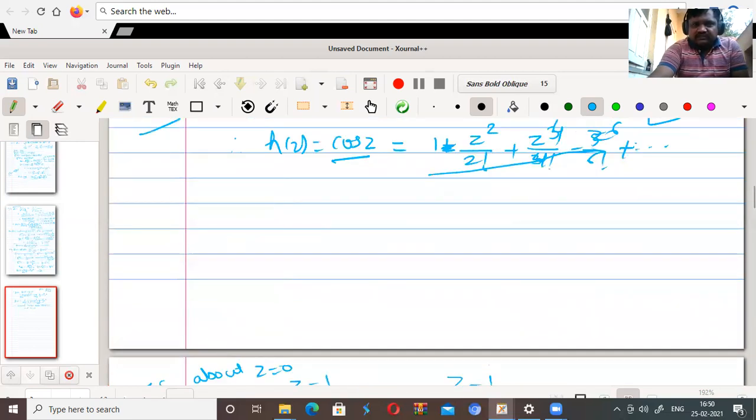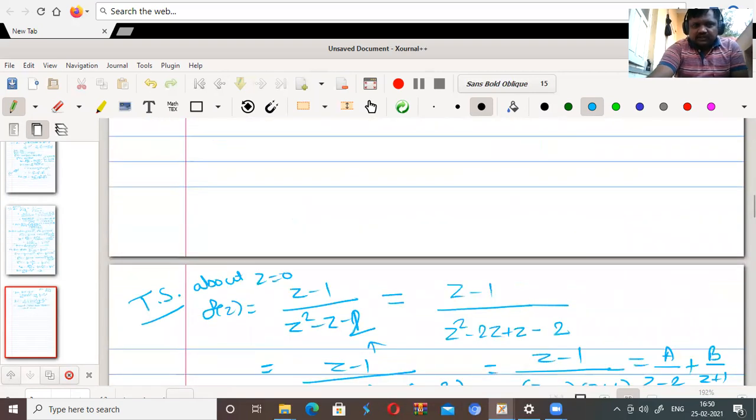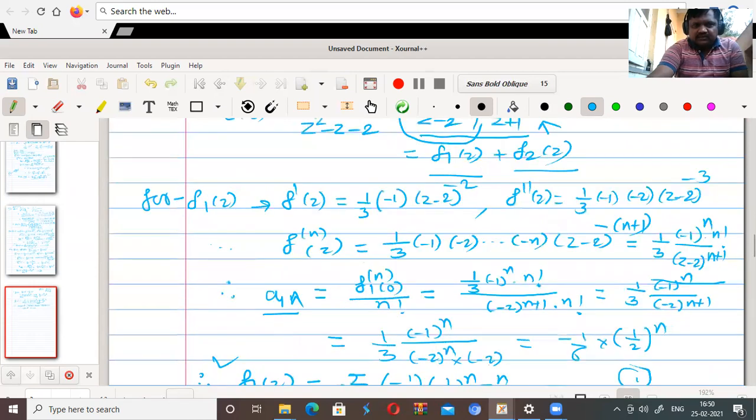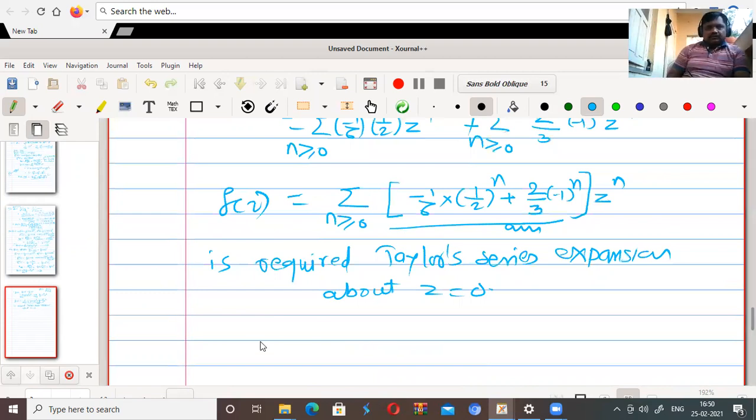And which is that? 1 upon 1 minus z plus z square. Okay, so second is, let f of z equal to 1 upon 1 minus z plus z square.